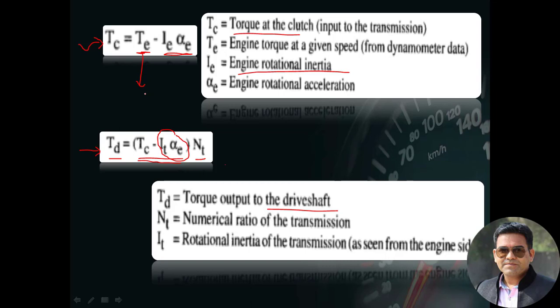So our total final equation, or the total torque available at the drive shaft, is TC, the torque at clutch, minus IT into alpha E, which is the inertia loss in between the engine and the drive shaft, and this torque is amplified with the help of the transmission ratio.